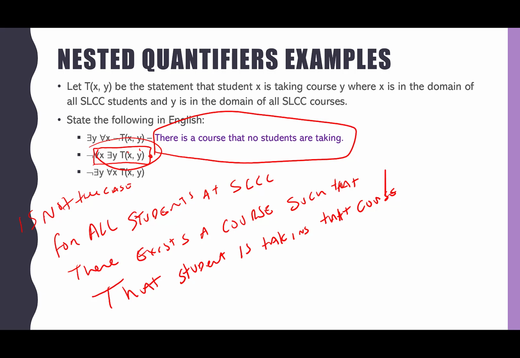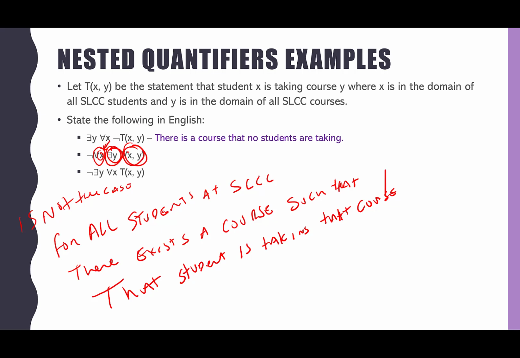So I'm saying it is not the case that for all students there exists a course that they're taking. It is not the case that all students have a course that they're taking. It is not the case that for all students there exists some course that that student is taking.